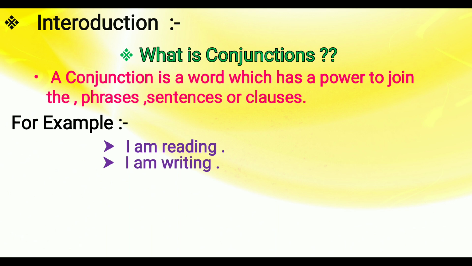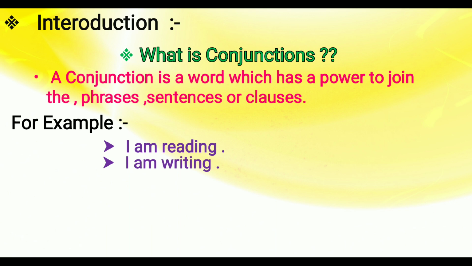Here the first sentence is "I am reading" and the second sentence is "I am writing". Then we will write the common part of these two sentences, and the common part is "I am". So we will write "I am" first and then join the similar or contrast idea given in the sentences, here reading and writing.